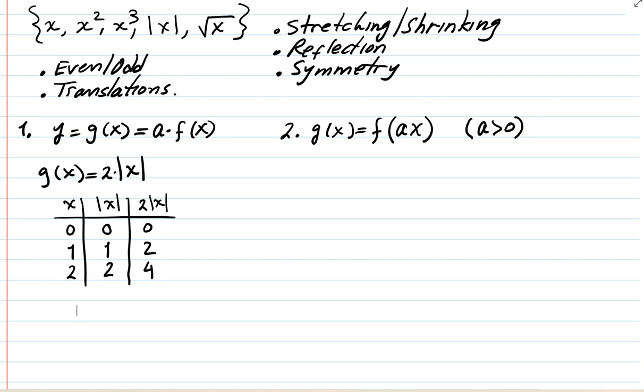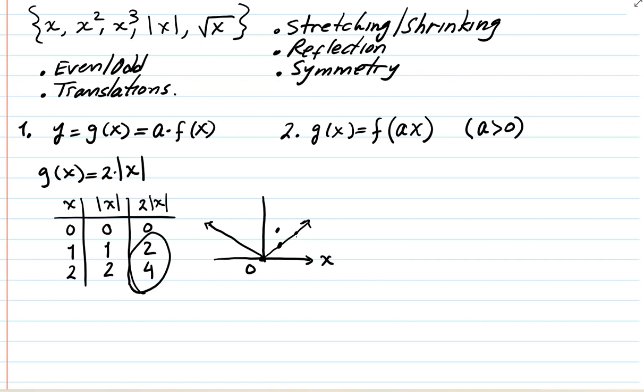So on the graph, the implication would be this. Let's say here's my x-axis. 0 doesn't alter; it's 0 for both absolute value of x and 2 absolute value of x. If this is the graph of the basic absolute value that we looked at in the previous section, multiplying the heights, or the ordinates, of the graph by 2 doubles the heights. That means a point that was here is now twice the size, up here.